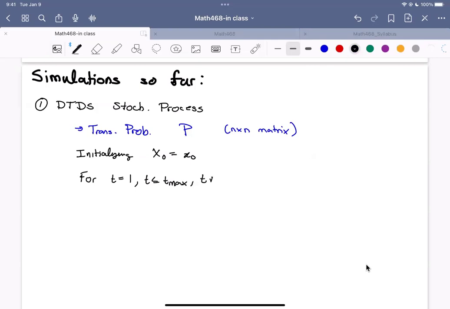Notice that the time has constant incrementing here. And so for each of these time steps, we want to choose a new state using a weighted random number.